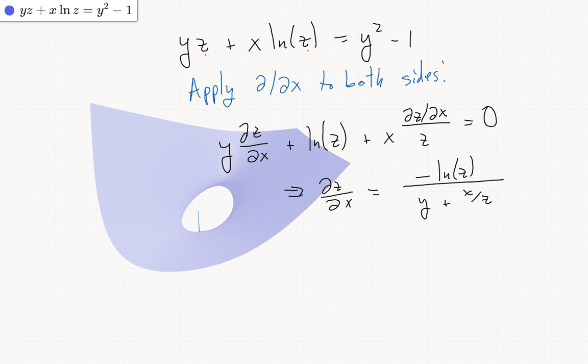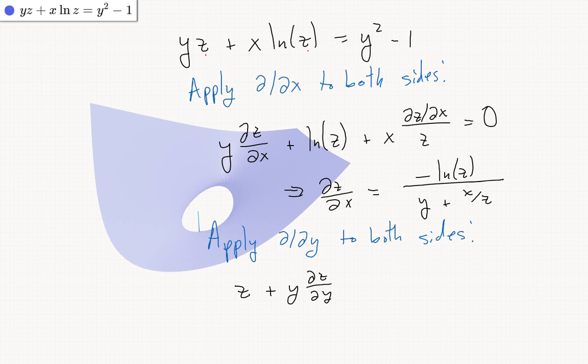Then for the other partial, we can apply del by del y to both sides. Now treating x as a constant, so this will give z plus y del z by del y plus x over z del z over del y equals 2y.